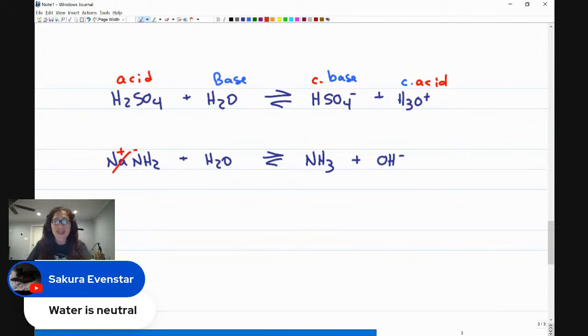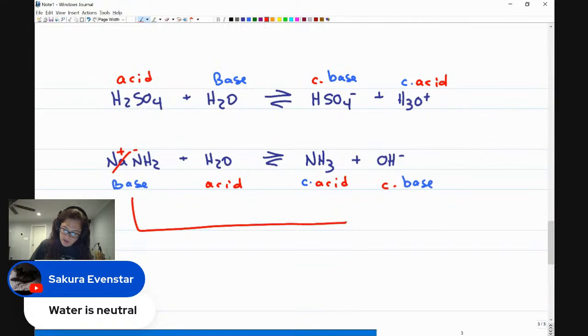NH2 minus, that is a very, very strong base. That means if this right here is my base, then water in this case has to be an acid. That means the OH minus has to be the conjugate base because water losing an H plus gives me a base. And then ammonia in solution happens to be my conjugate acid.